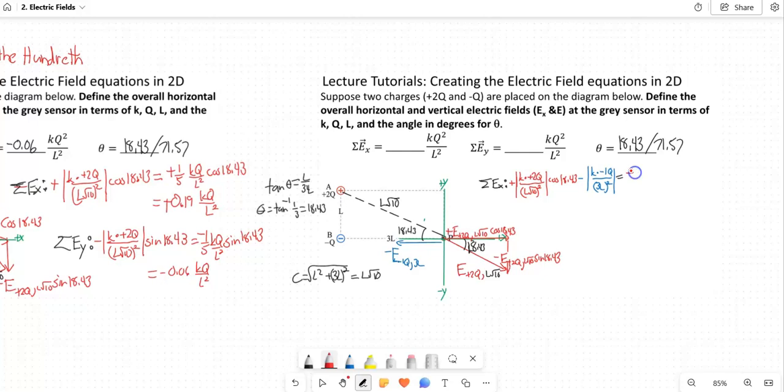So I'm going to just write that here for the sake of honoring your time. 0.19 kq over L squared.